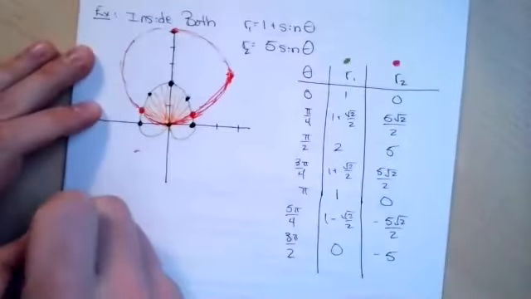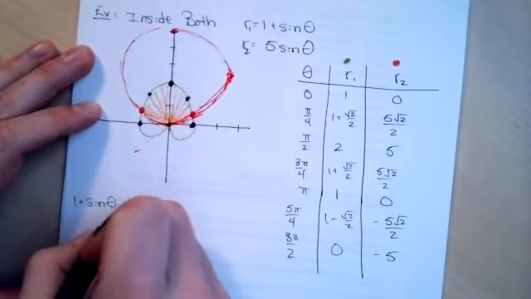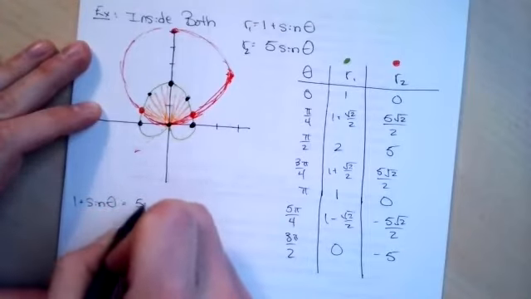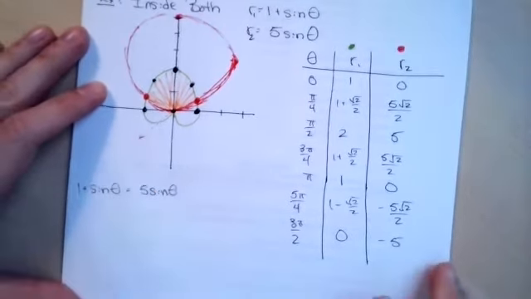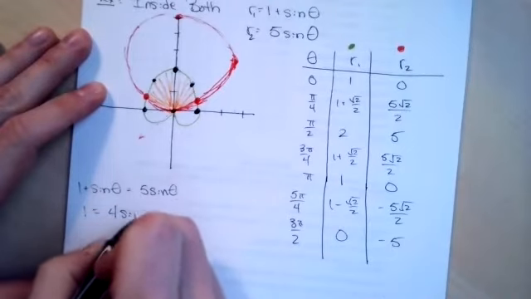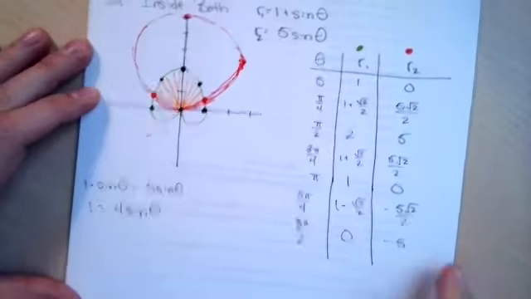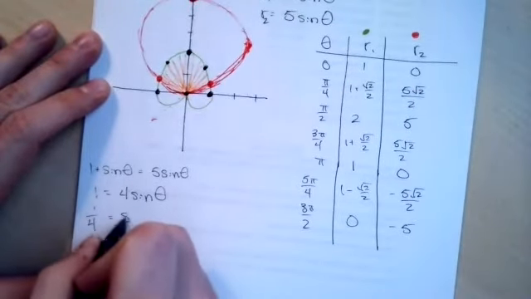So we're going to have to do that in polar coordinates. So we need 1 plus sine theta equal to 5 sine theta, which means 1 is equal to 4 sine theta, and then 1/4 is equal to sine theta.